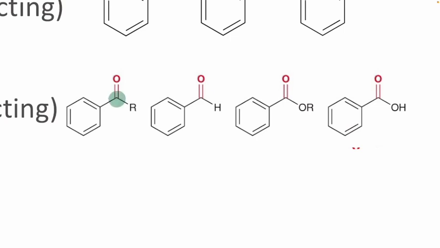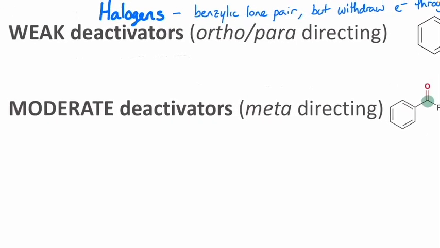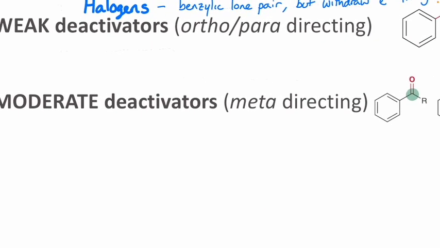A carbonyl carbon. Right? This is an electron withdrawing group. We talked about this and drew out these resonance structures when we were looking at Diels-Alder reactions. All right, but here we have carbonyl carbons. And again, these are now electron withdrawing groups.